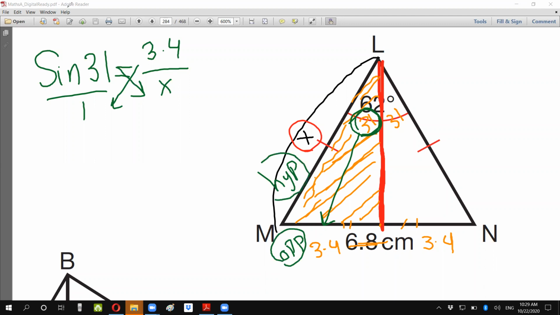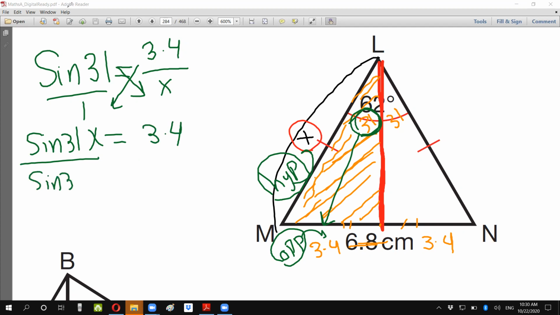Opposite first, then hypotenuse. Opposite is 3.4, then hypotenuse is x. Then make cross multiplication. Start with the side of x. Sine 31 times x is equal to 3.4. Divide by sine 31 and cancel, so x is equal to 3.4 over sine 31.